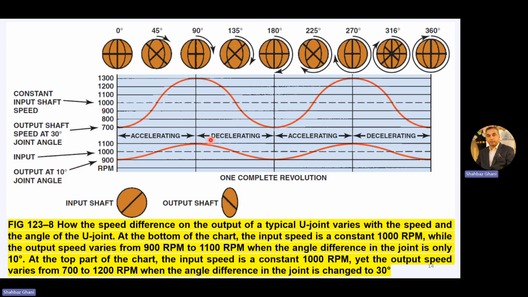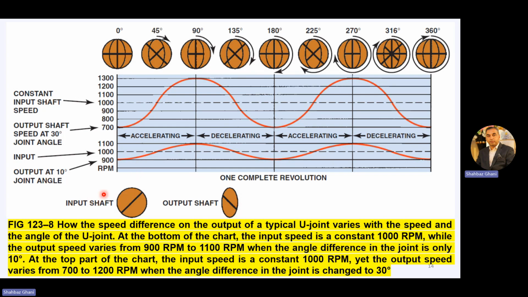So the fluctuation or variation is from 900 to 1100 RPM. At the bottom of the chart, the input speed is a constant 1000 RPM, while the output speed varies from 900 RPM to 1100 RPM when the joint angle is only 10 degrees.